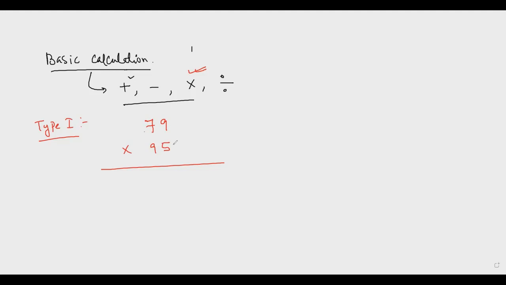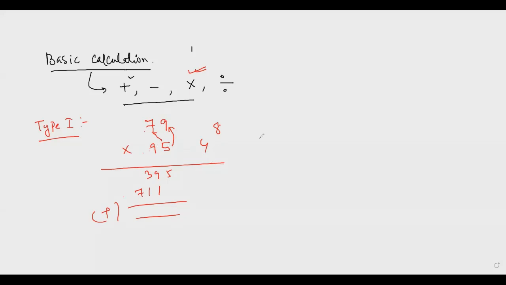According to the general method, 5 multiply with this one, 45. 5 multiply with this, 35, and then 9 multiplied by 9 is 81, then 63, and then you add these numbers and you get the answer. Is that okay? This is the conventional way of our multiplication.